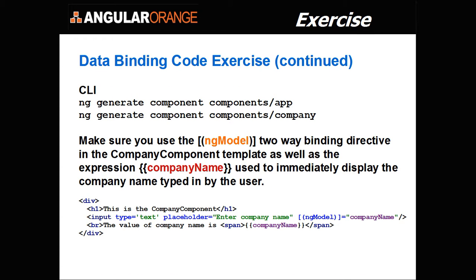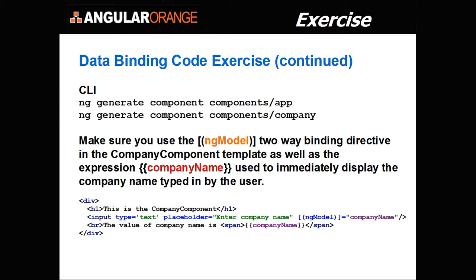Basically we can generate the components, the app component and the company component, in the components directory using the Angular CLI command ng generate.